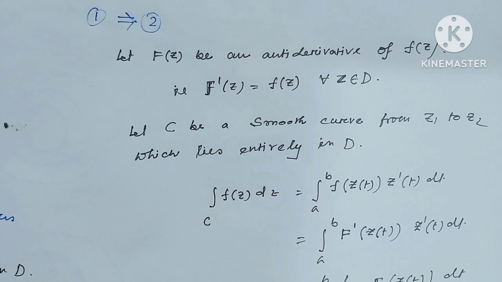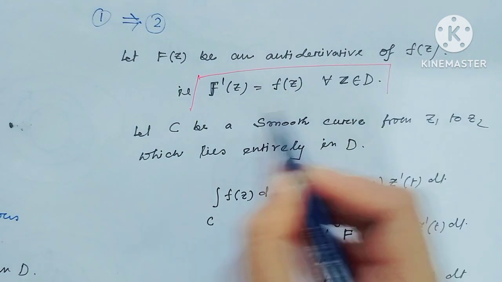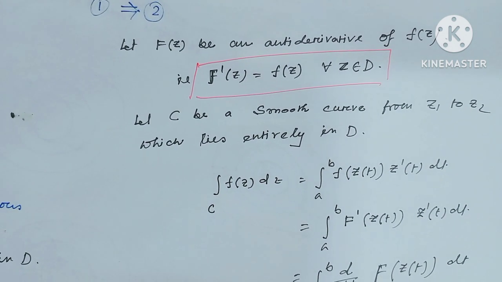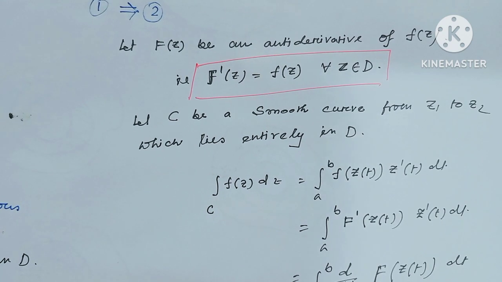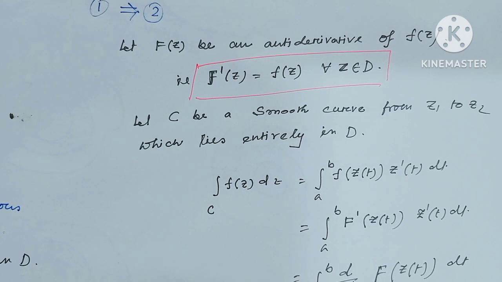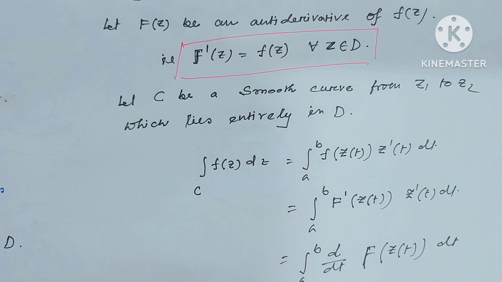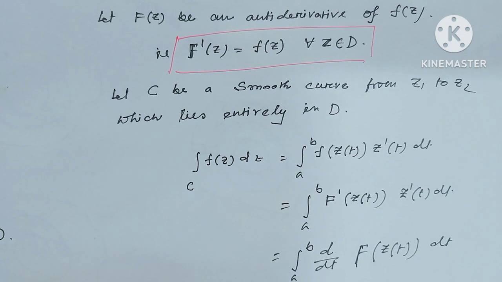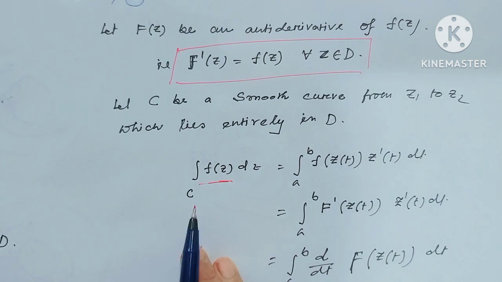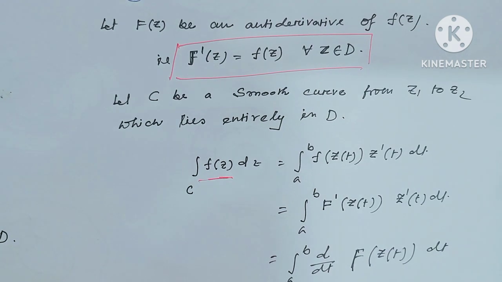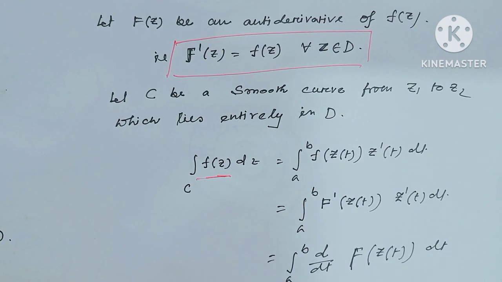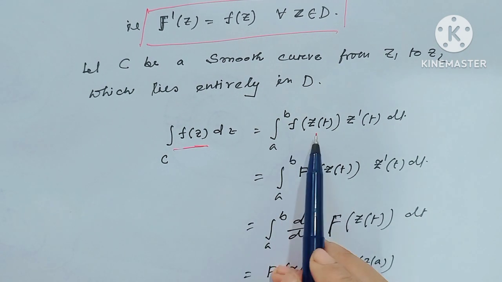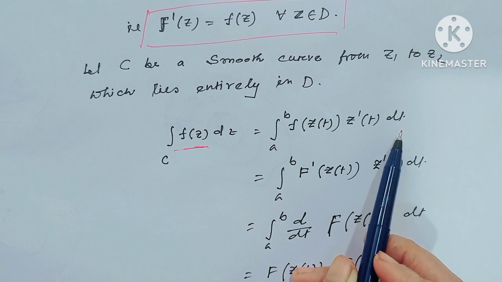That means F prime z equals f of z, and this is true for all z belonging to D. Let C be a smooth curve from z1 to z2 which lies entirely in the domain D. Then the integral along this smooth curve of f(z) dz, since F prime z equals f, we can write as the integral from a to b of f(z(t)) times z prime(t) dt.